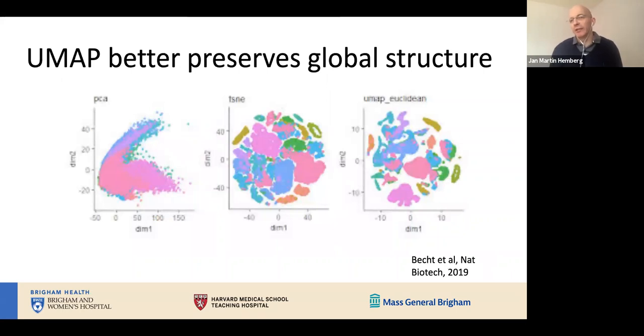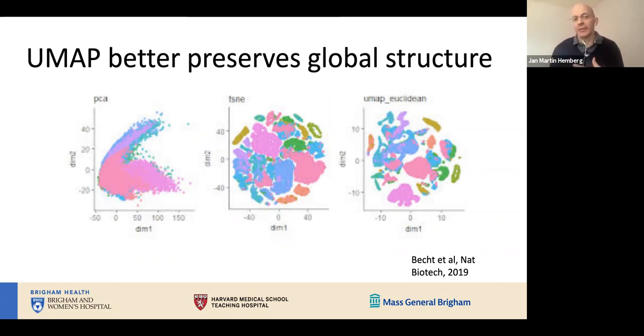t-SNE has fallen a little bit out of favor in the field. There's this newer method called UMAP, which pretty much does the same thing as t-SNE. Its approach is based on graph theoretical properties, or doing a graph analysis.